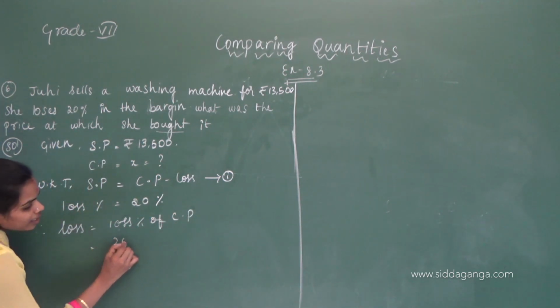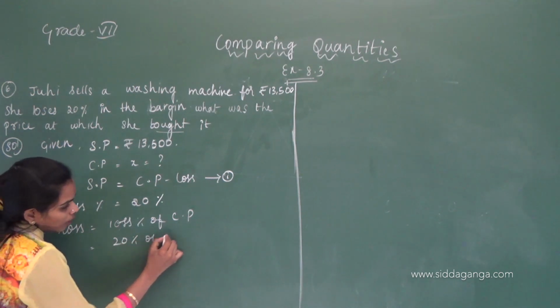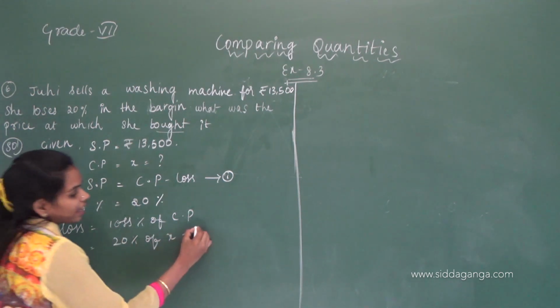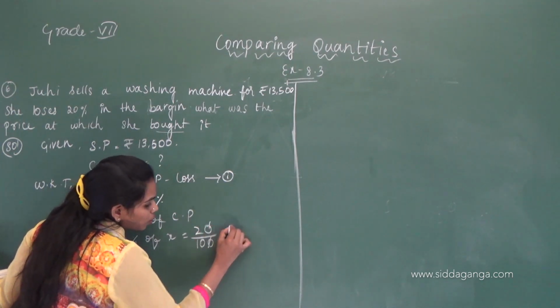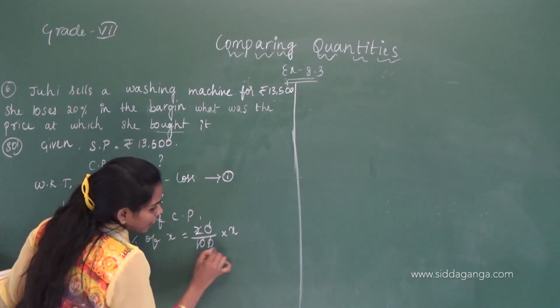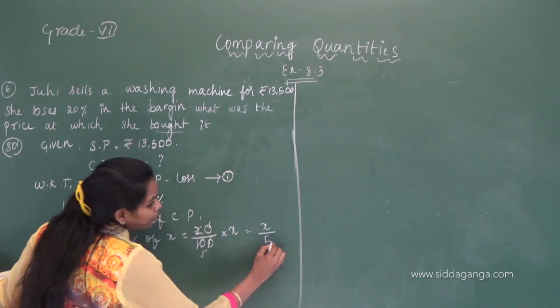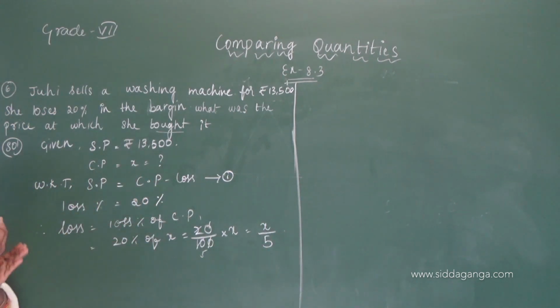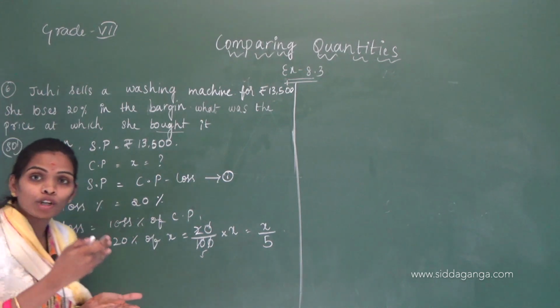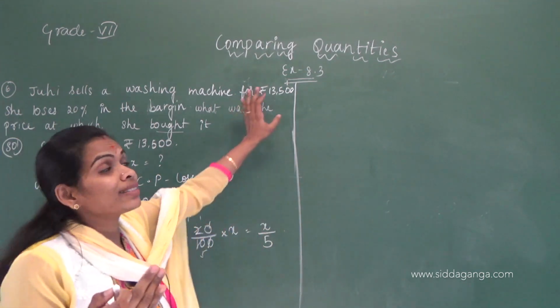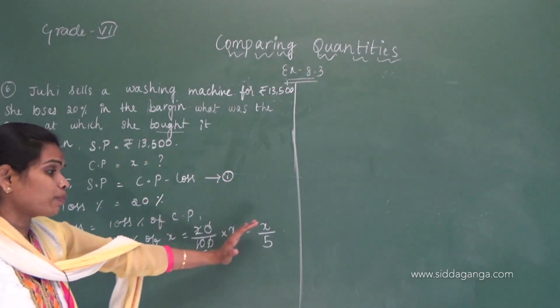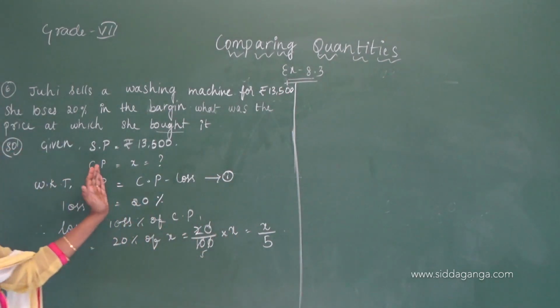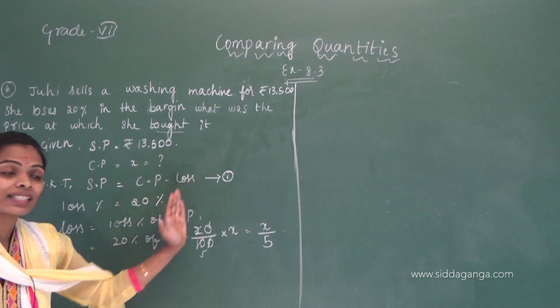What is loss percentage? 20% of X, that is 1 by 5 into X, which is nothing but X by 5. Therefore the loss in that particular transaction is X by 5 and the cost price of that washing machine is X.